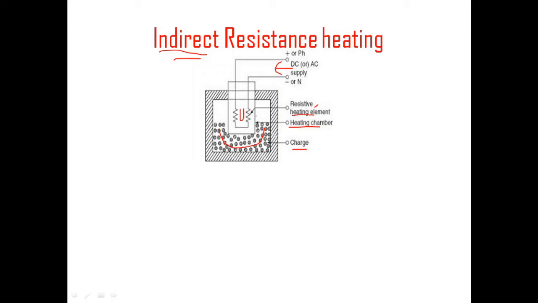So the heating chamber will also absorb the heat from the resistive coil, and that heat is directly transferred to the charge. Conduction is possible between the charge and the heating chamber, but from the resistance, heat can be transferred to the charge by radiation or convection. So here we will have all three modes of heat transfer.